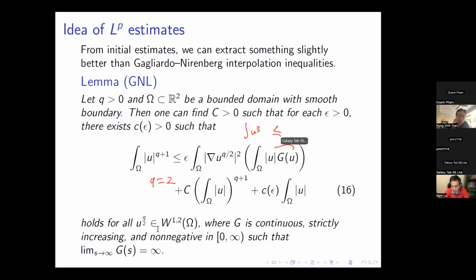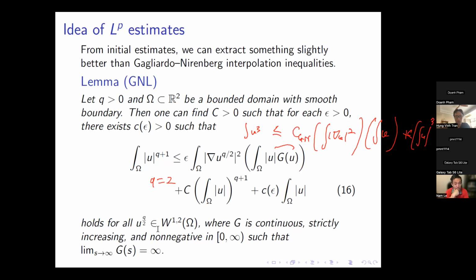So by Gagliardo-Nirenberg inequality, we do have some C_GN, integral of gradient of u square, times integral of u, plus some integral of u to the power 3. So this is in the two-dimensional case.